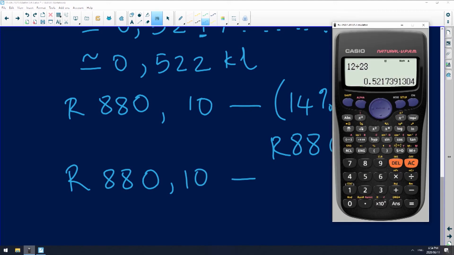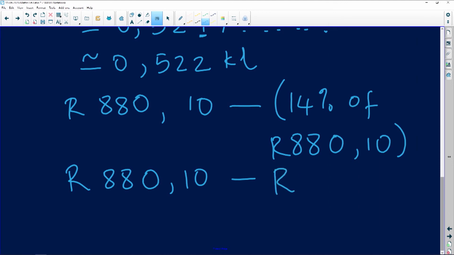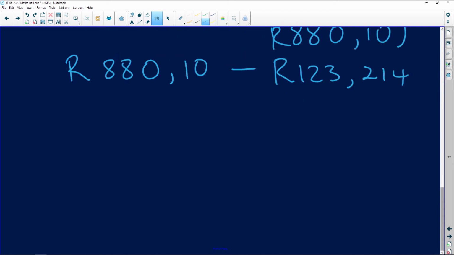Let's go and calculate that. I am looking for 14% of 880 rand and 10 cents. And that's 123 rand and, okay, I'm going to make that 214 for now. 123.214. Stunning. Why am I doing it like that? Be careful not to round off until the end, because sometimes we round off too quickly and then our answer is not the same as the person that's marking.